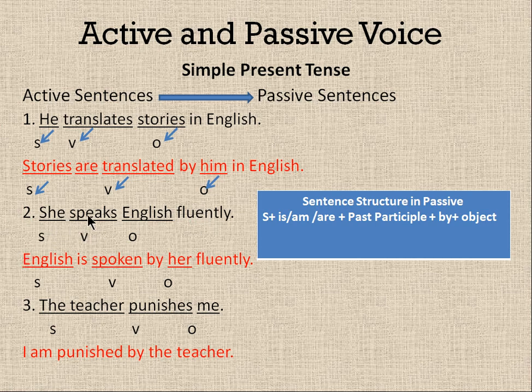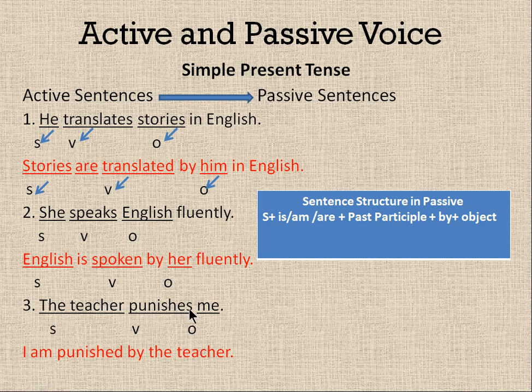She is the subject, speaks is the verb, and English is the object. In the passive form, English, which is singular, will take is, and the third form of the verb or past participle. English is spoken by her fluently. The adverb will take the same place.